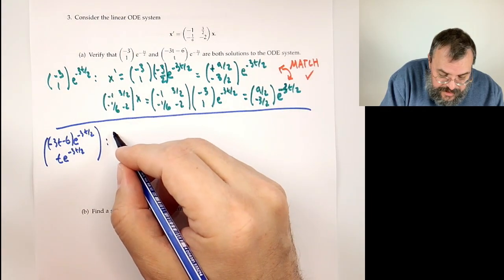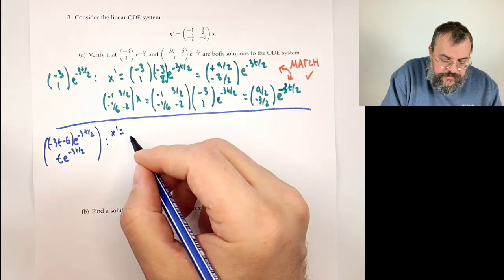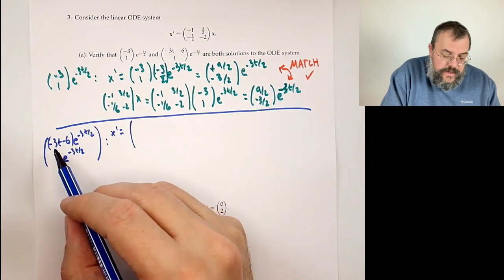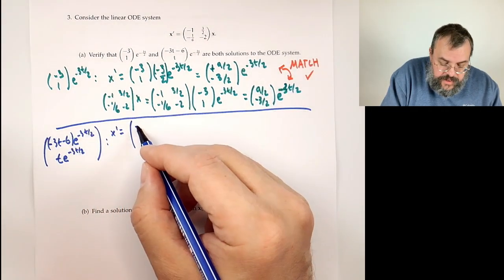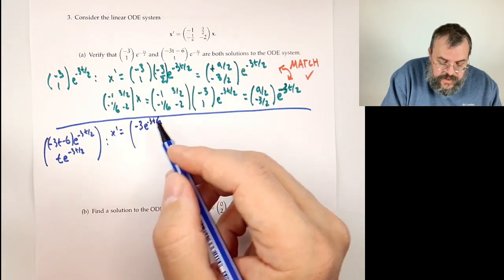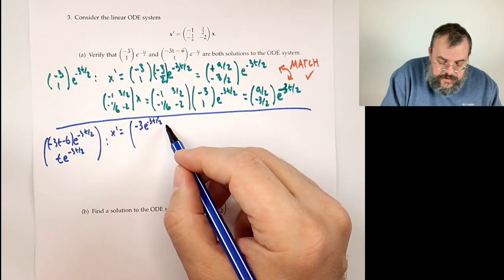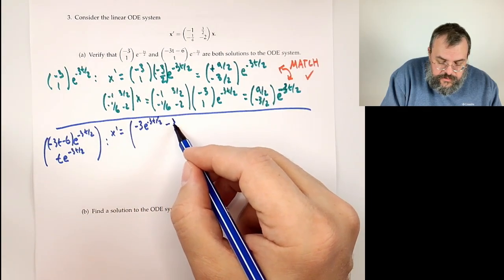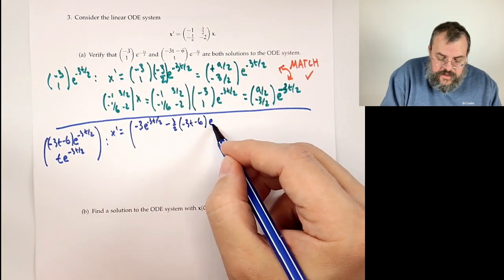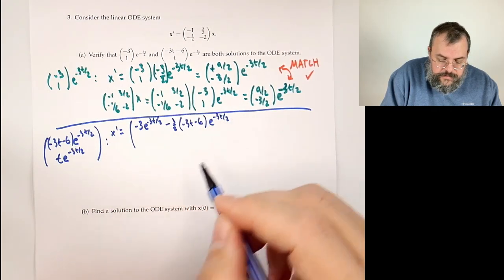So here we go. What is x prime? Well, all right, we've got to do the derivative of the top. Okay, product rule. So minus 3 e to the minus 3t over 2, and then we're going to have minus 3 over 2 times minus 3t minus 6, e to the minus 3t over 2.